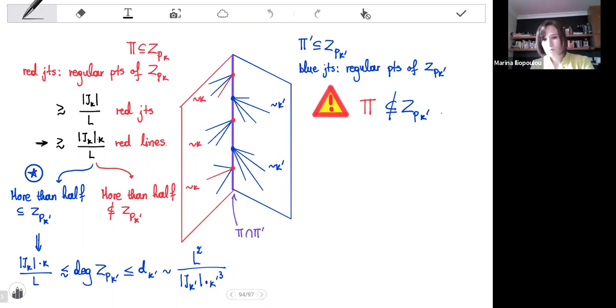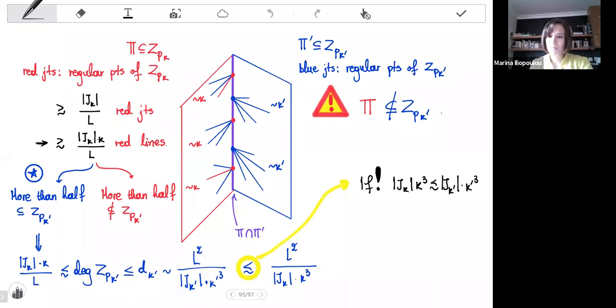If I knew that I can replace this denominator by the one for J_k, so if I knew that this inequality holds, in other words, that the k denominator is smaller than the k prime one, then I would have a very nice, interesting bound anyway.